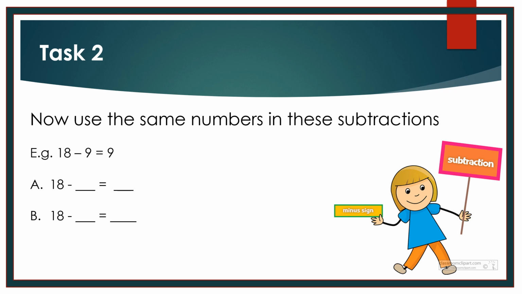Likewise, here I took 18 minus 9 is equal to 9. Where did I take this example from? It's from the addition example. Here you will be taking your example A and example B from the addition and use the same numbers to do the subtraction. This is really simple. Try it out.